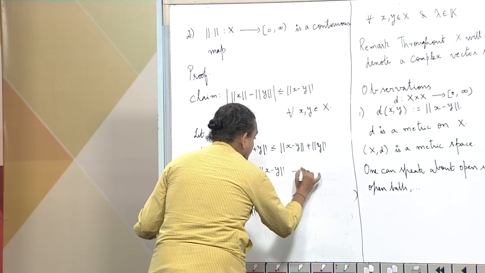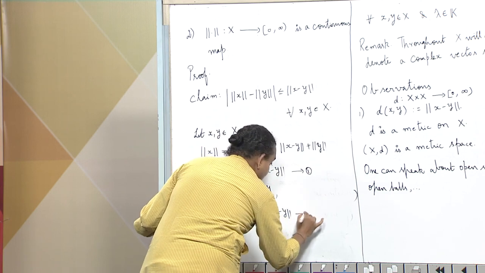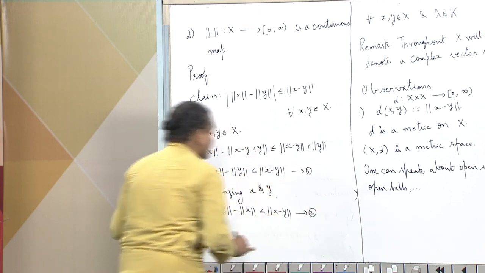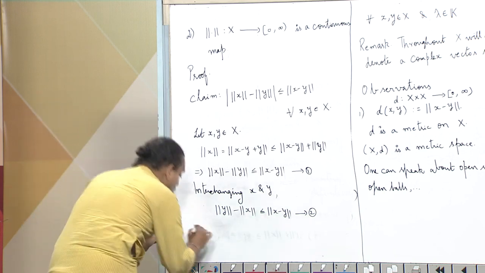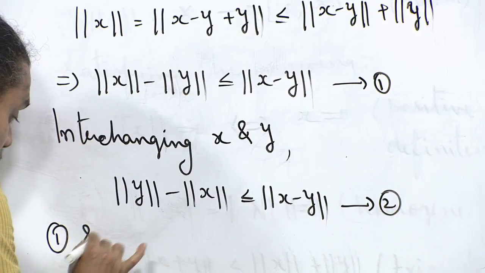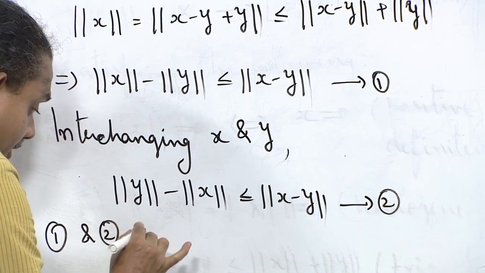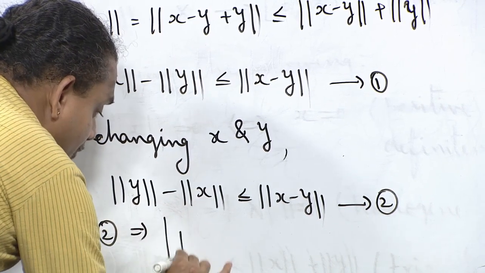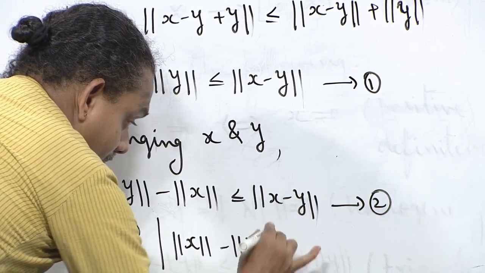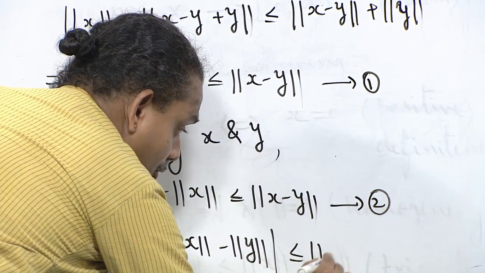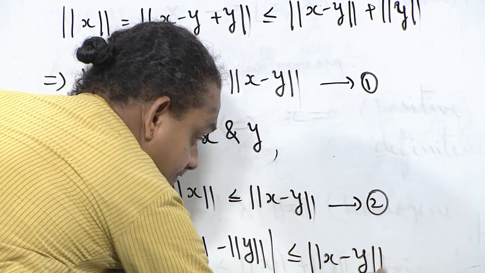Let me call the first one 1 and the second one 2. If you combine these two, 1 and 2 together will imply that modulus of norm x minus norm y is less than or equal to norm x minus y. That is it.